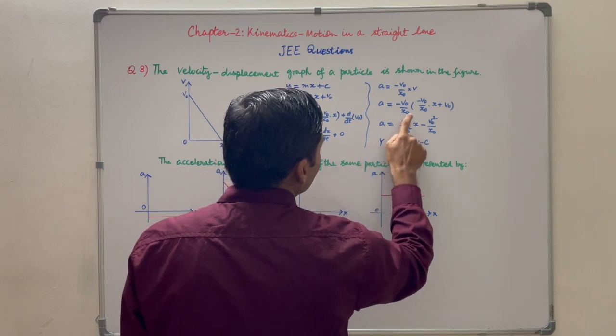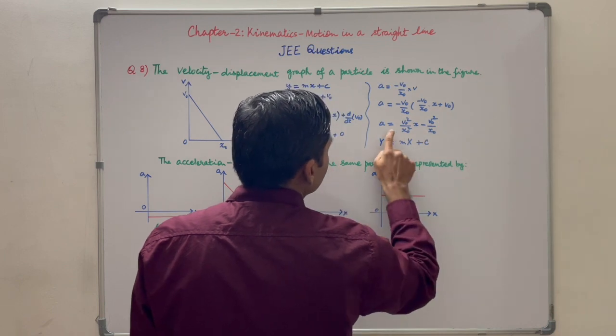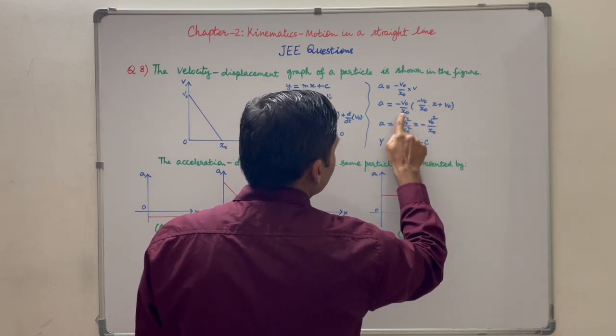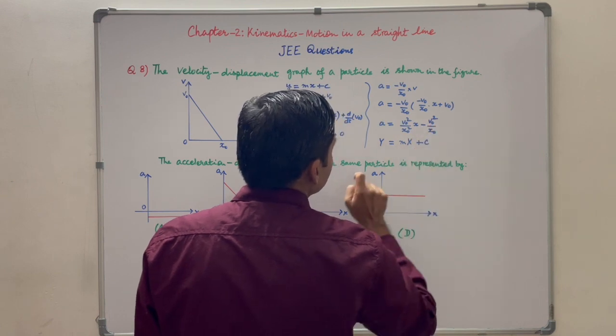So a is equal to, now multiply this with both these terms. So it will be v0 square upon x0 square x minus v0 square upon x0.